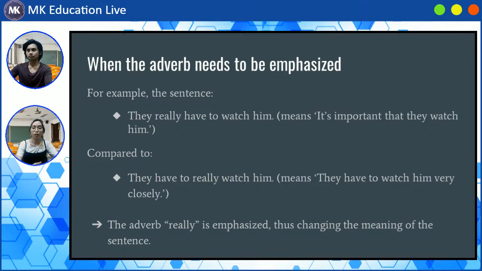Now the adverb is between to and watch, and here it changed the meaning. It means they have to watch him very closely. So the meaning of the sentence changes depending on the position of the adverb, in this case, really. Here the adverb really is emphasized, thus changing the meaning of the sentence.